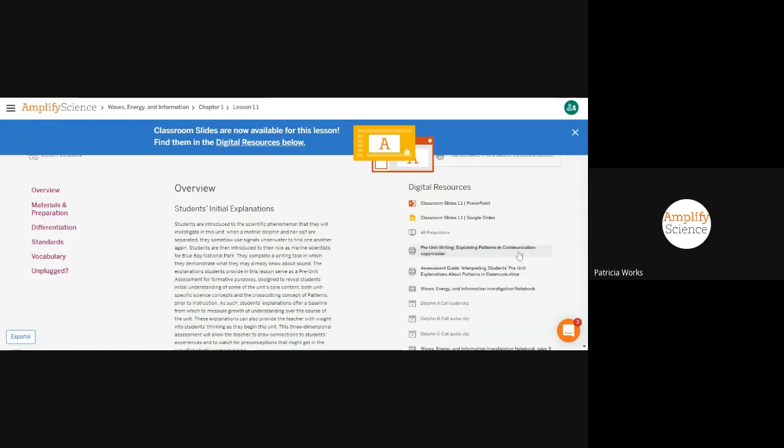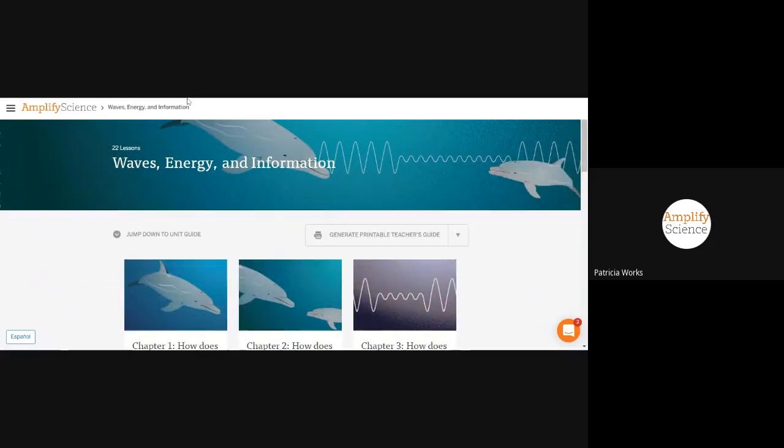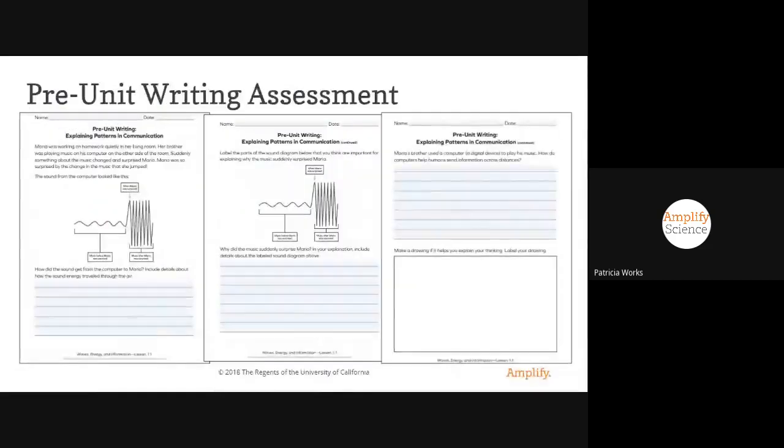So both of those documents that you're going to want to use to do the pre-assessment and look at the results are right here on that first lesson. Okay, so that's where you find that pre-unit writing assessment.